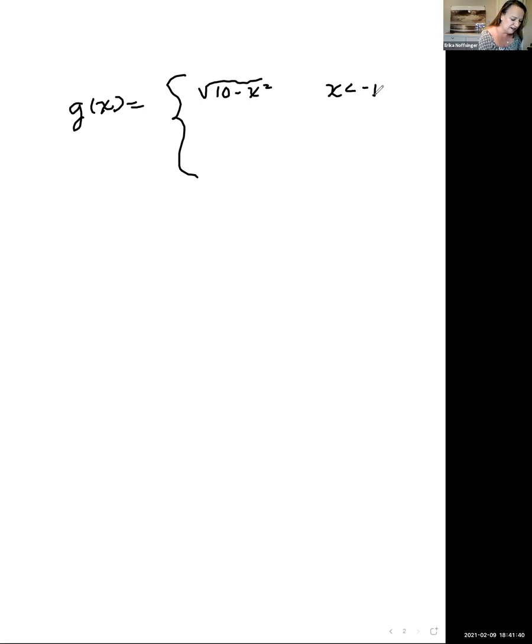The second equation is 26 minus 5x squared all over 7. This actually is for x between -1, less than x, less than or equal to... I'm sorry, not -1, e.